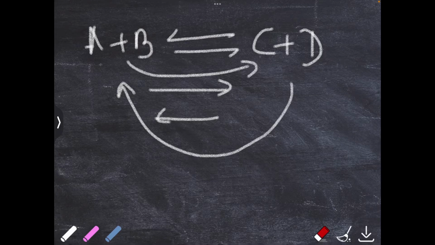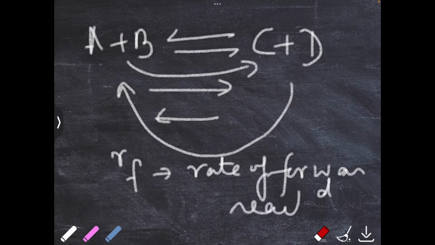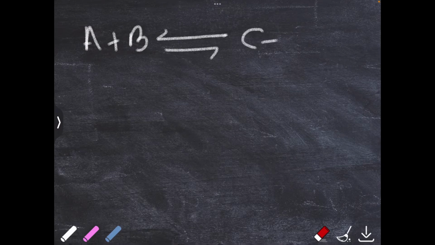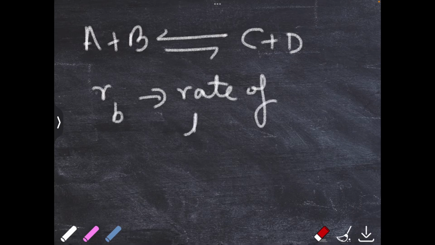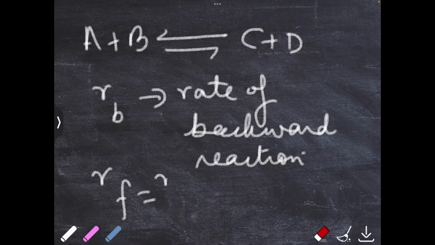So if I say RF is the rate of forward reaction, and RB is the rate of backward reaction, then a time will come when the rate of forward reaction will be equal to the rate of backward reaction.